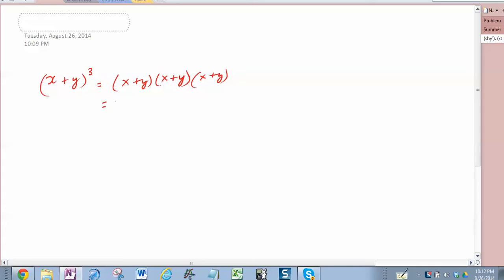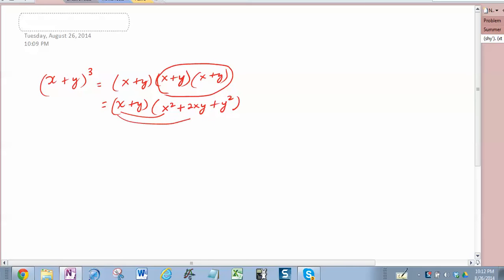And we can multiply this out the long way. I can multiply the second two factors. You should be able to FOIL that out. Remember doing this, and you get that result. Then I can simply multiply out the long way x times everything in the second parentheses plus, and then take y and multiply everything in the second parentheses.